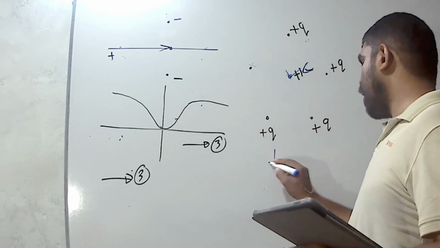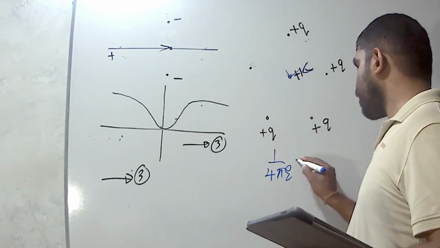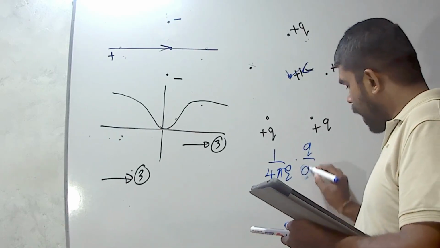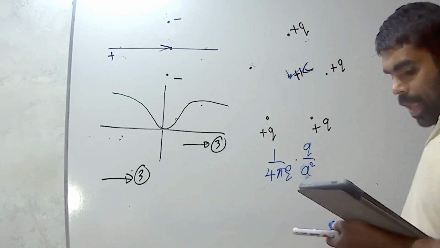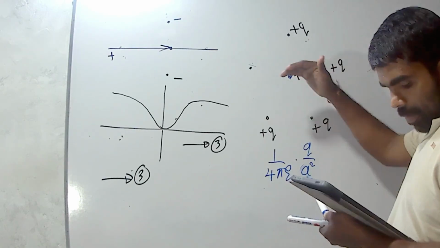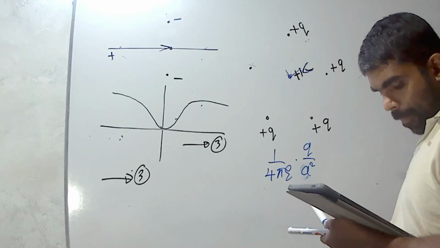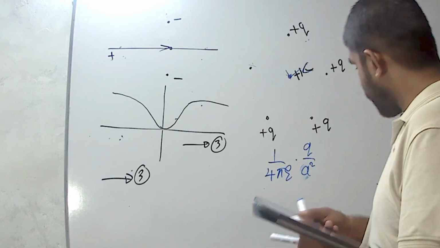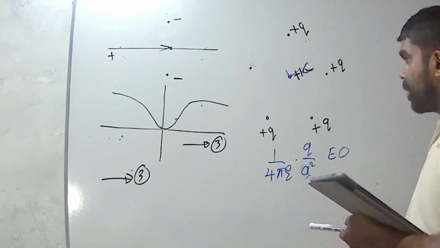It is 1 over 4 pi epsilon, q over a squared, and it should be in the EO direction.